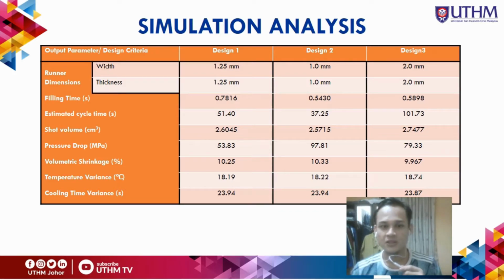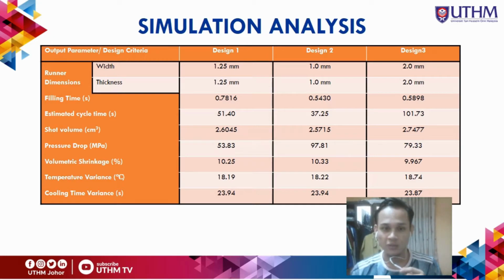Furthermore, for pressure drop value, design 2 has the highest with 97.81 megapascal, along with design 3 that has 79.33 megapascal, and design 1 with 53.83 megapascal.